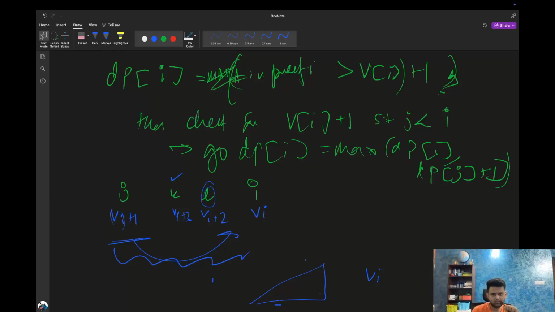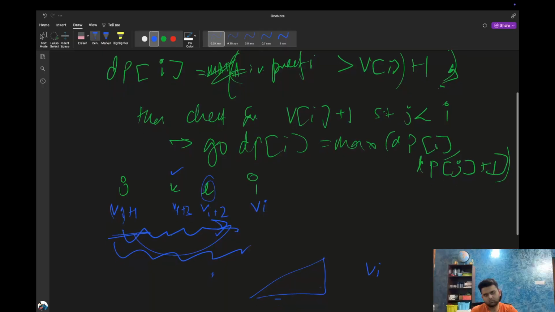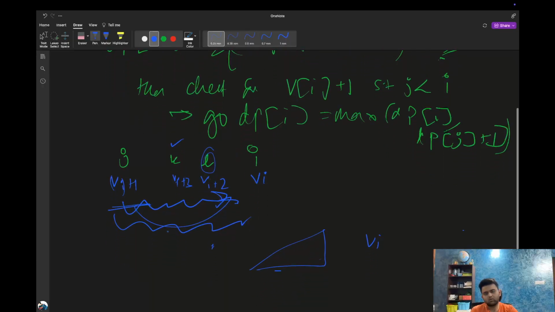Actually, they are not non-intersecting technically. I just have to check if it's reachable. So for each number, I have to check what's the max reachability.